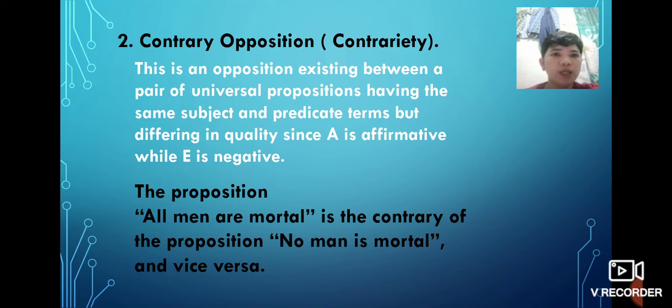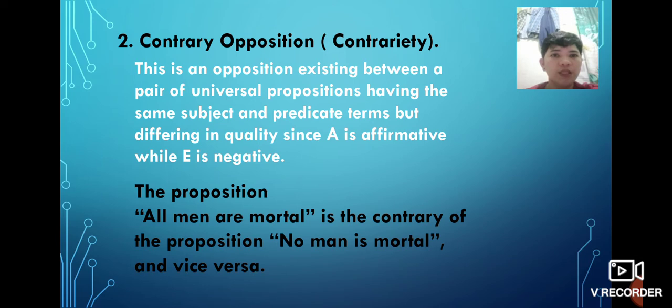So they are universal propositions, A and E, but they differ in quality. Contrarily, there is a gap between the propositions.